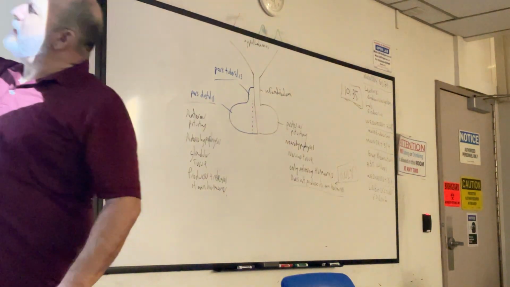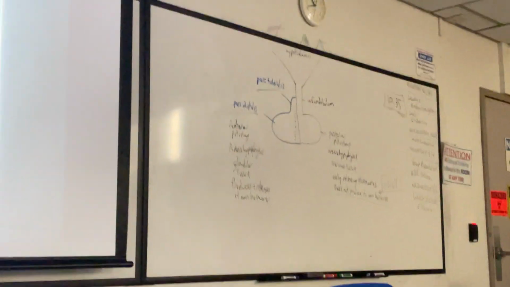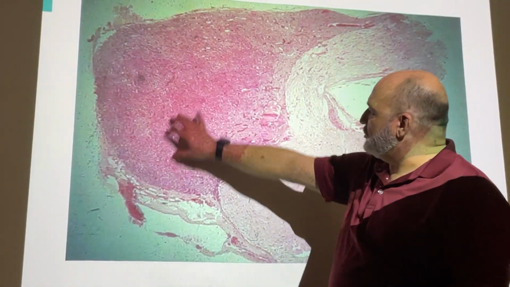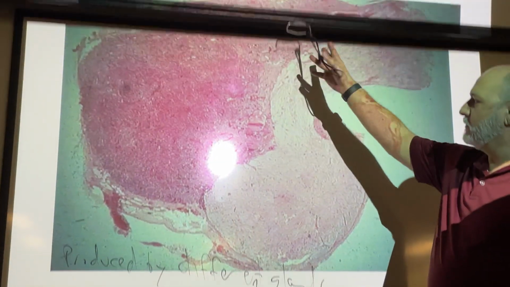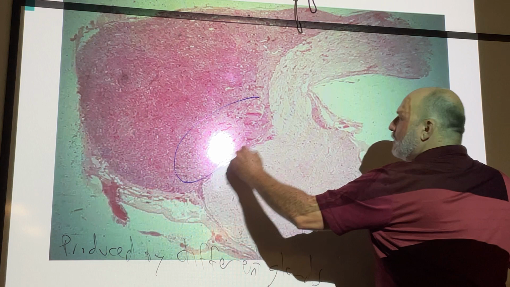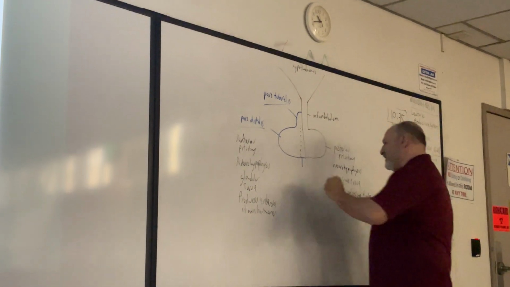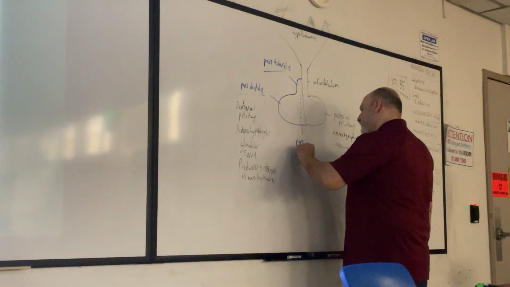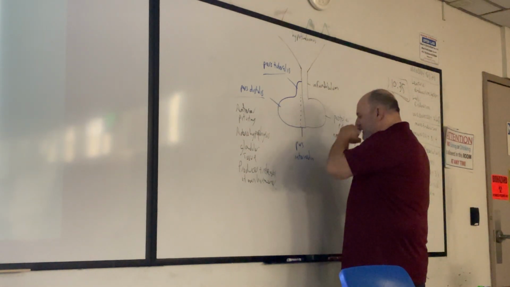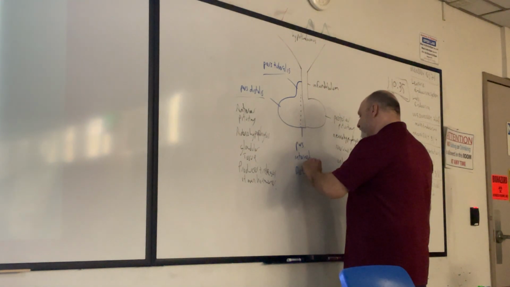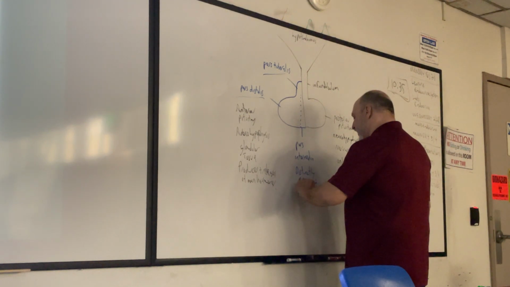And notice, other than the location, there really isn't that much difference between the glandular tissue. However, notice right here in the middle where the two meet. This small portion of the anterior pituitary that is right next to the posterior pituitary is what is known as the pars intermedia. This is distinctly different anatomically, or let's say histologically.